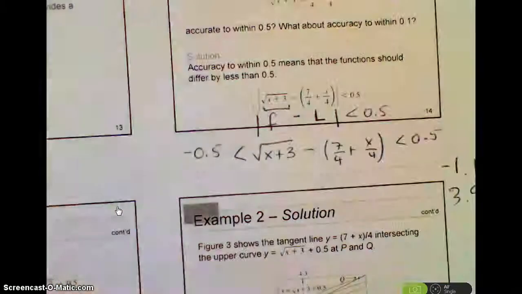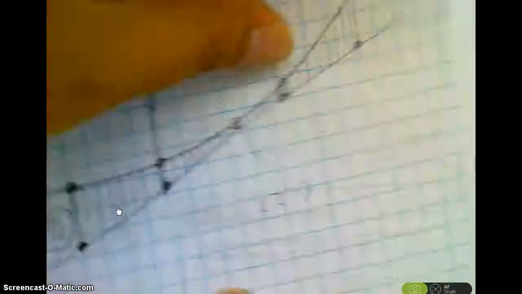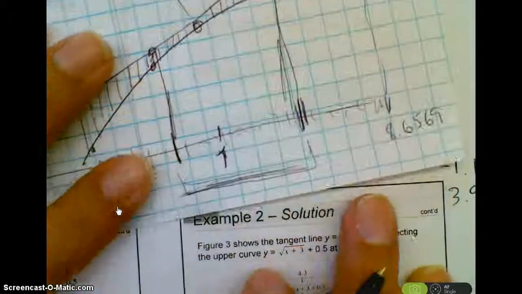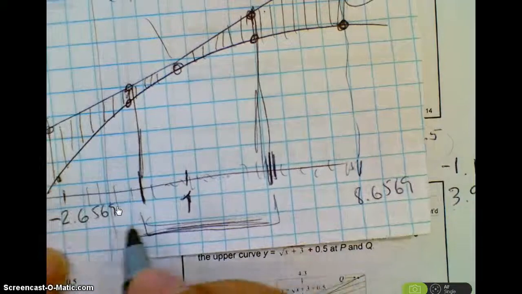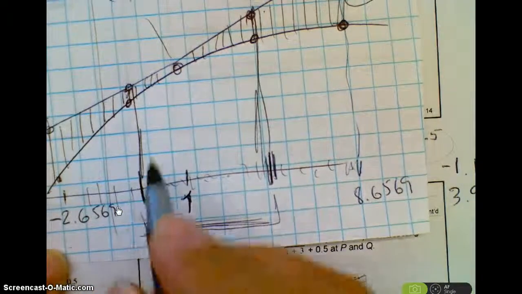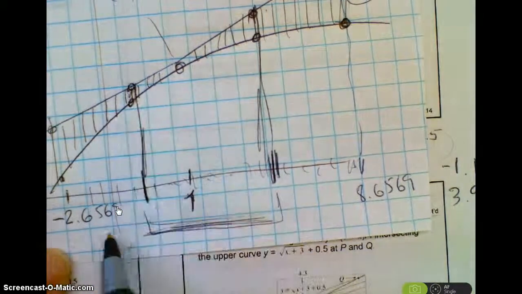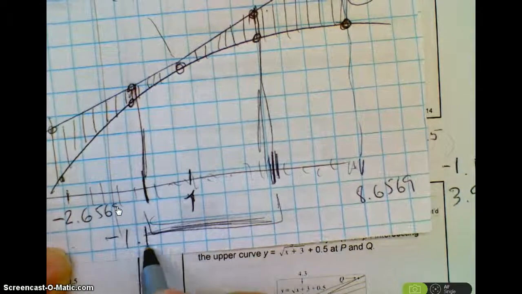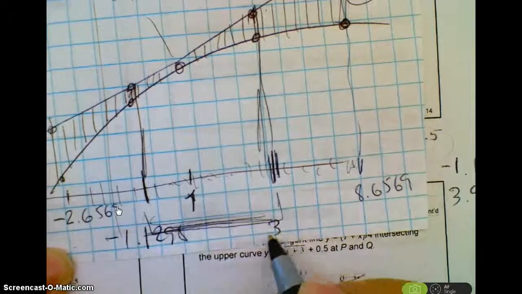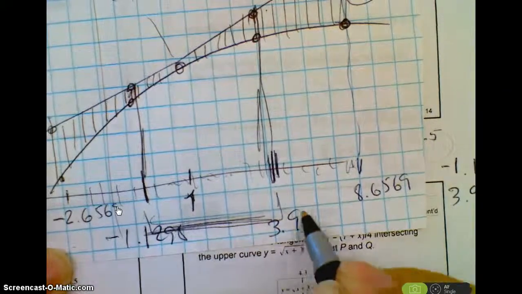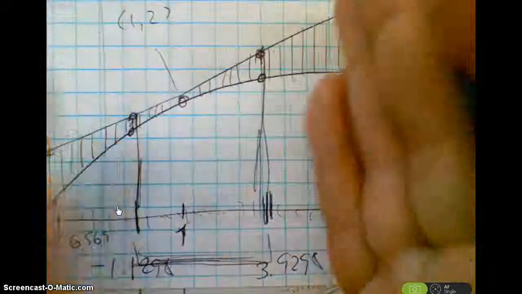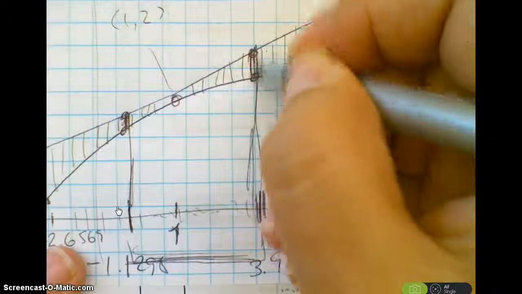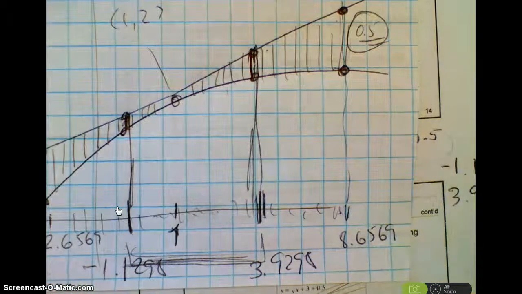So as I had predicted, now the interval for which you are 0.1 away from the real value is negative 1.1298 and 3.9298. So now you're closer to 1, therefore the difference of the approximation and the real thing is definitely less.